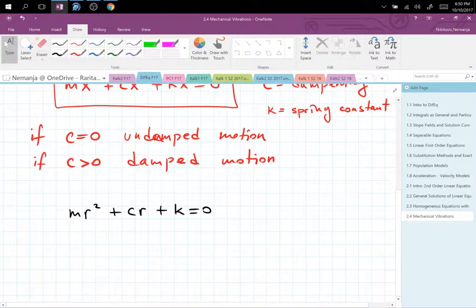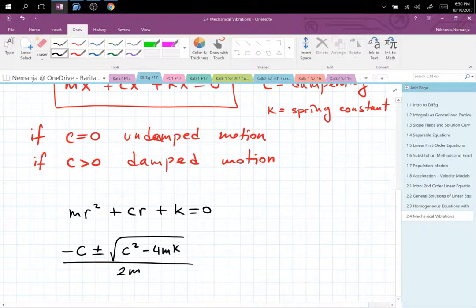And we use the quadratic formula. Write a, b, c, and plug the values where they belong. So negative b, that's negative c, plus or minus the square root of c squared minus 4mk, divided by 2m. And these are your r's.